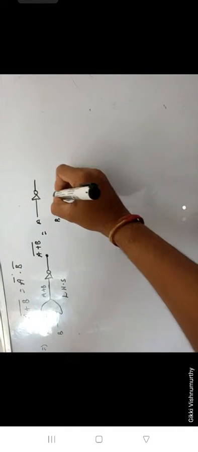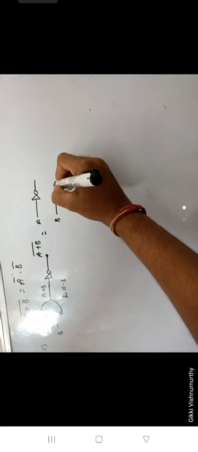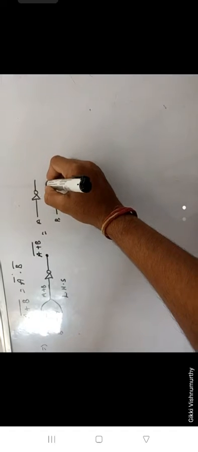Now the equivalent circuit on the right side has inputs A and B. We convert these into A bar and B bar.